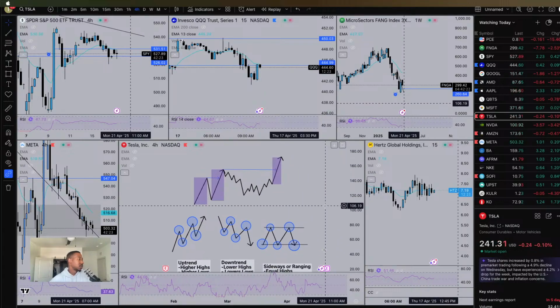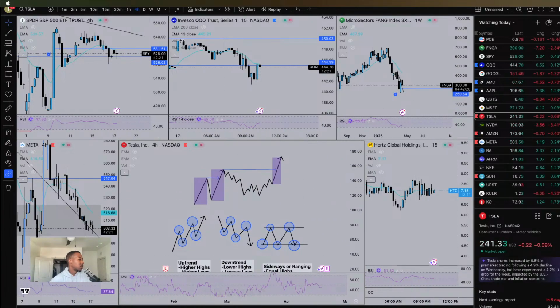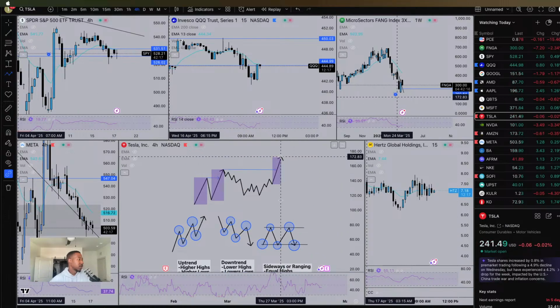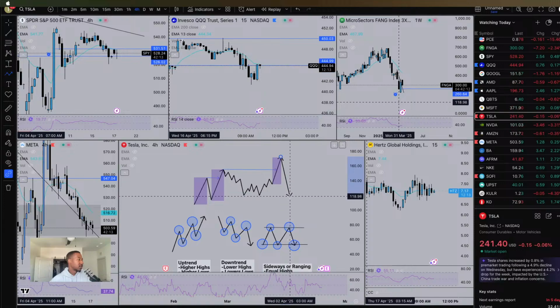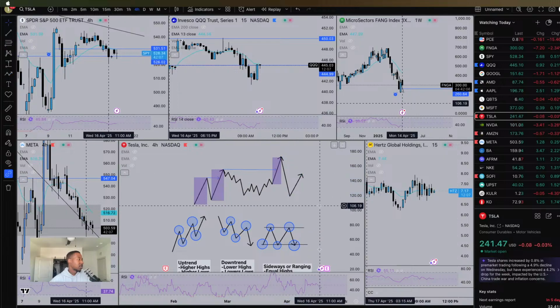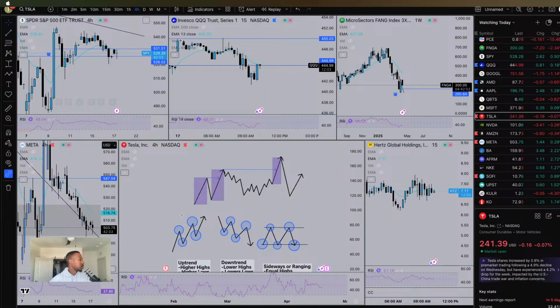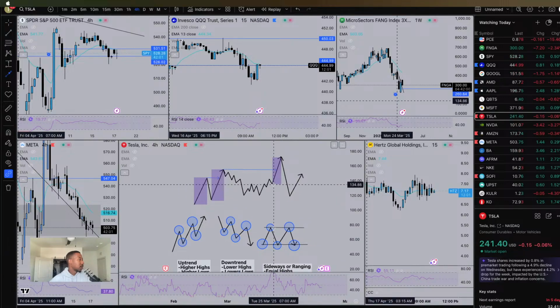Now, just to answer the question, what happens if this were to turn around and go to the downside? Say you get something like this, and then you get something like this. What happens to the range? Over here, we now have a break of the range to the downside.